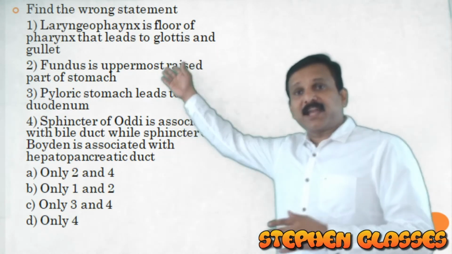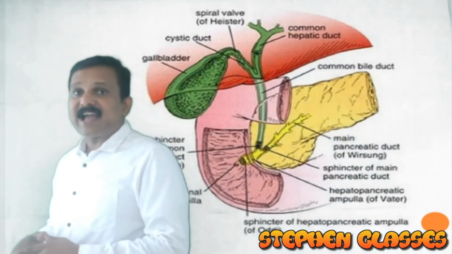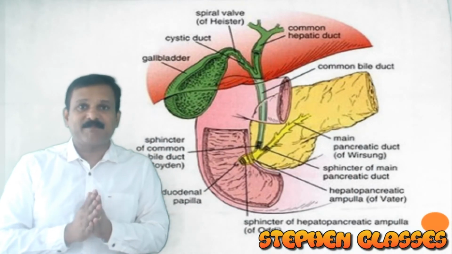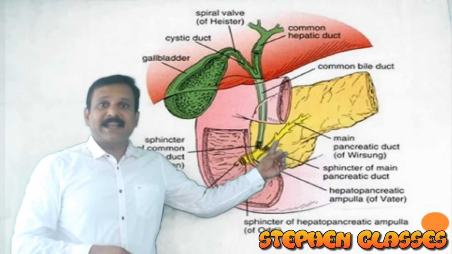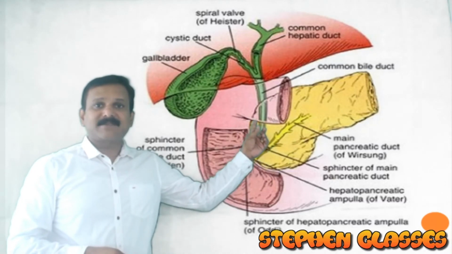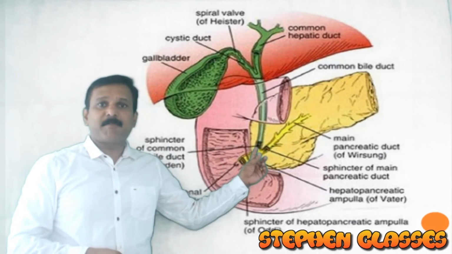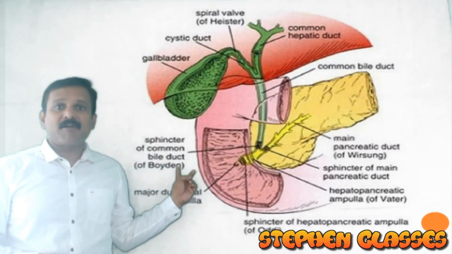Now for checking other options, we will go to a diagram. Here in this diagram, you have to learn about some sphincters. Okay, you know, we have a pancreatic duct and also the bile duct. And the bile duct will have a sphincter. What is the sphincter of the bile duct called? The bile duct sphincter is called the sphincter of Boyden.